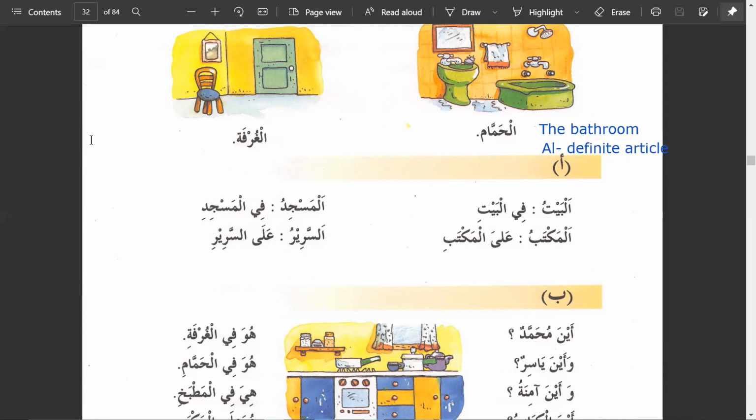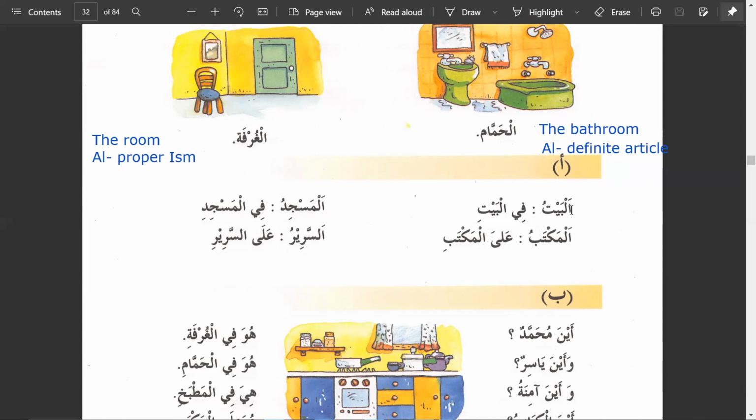Al-ghurfatu is what? The room. So here al means the definite article, better to call it a proper ism. Al means one type of proper ism. Okay?